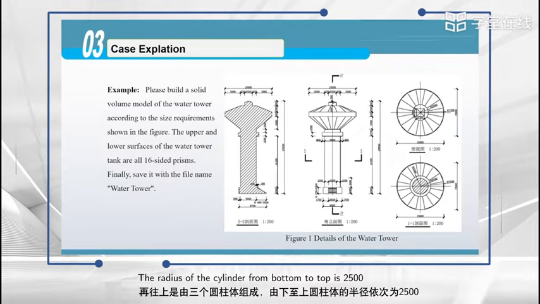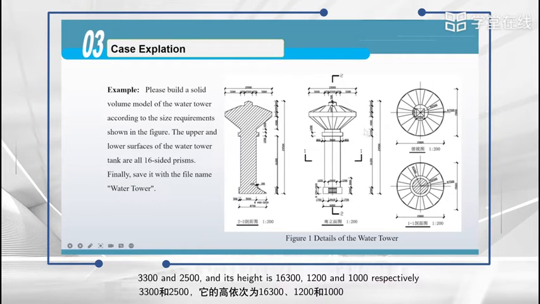The radius of the cylinders from bottom to top is 2,500, 3,300, and 2,500, and their heights are 16,300, 1,200, and 1,000, respectively.